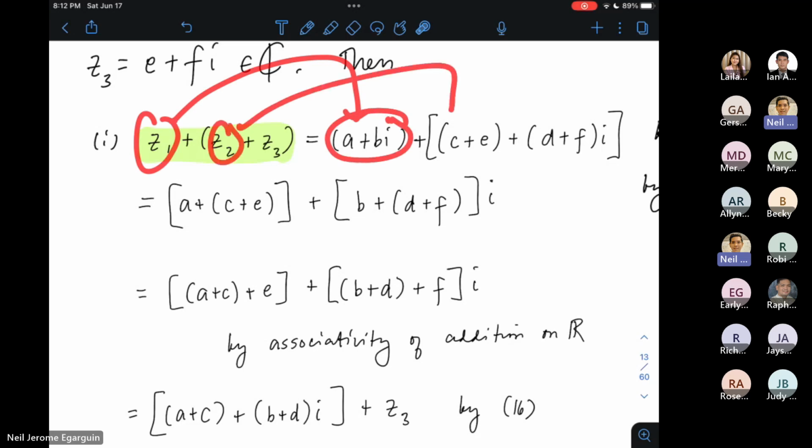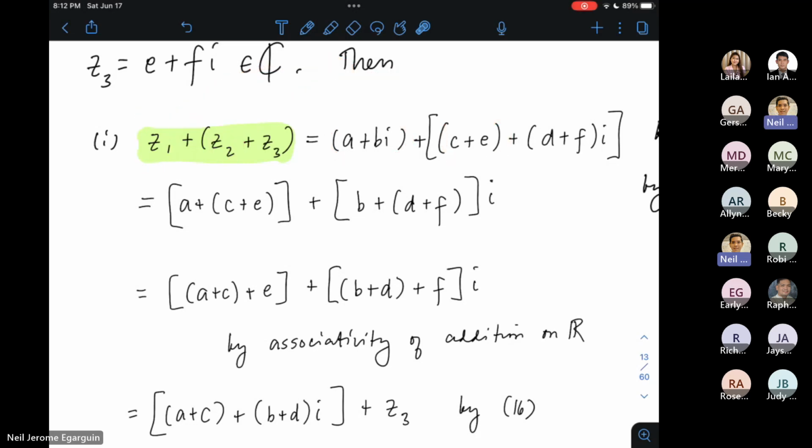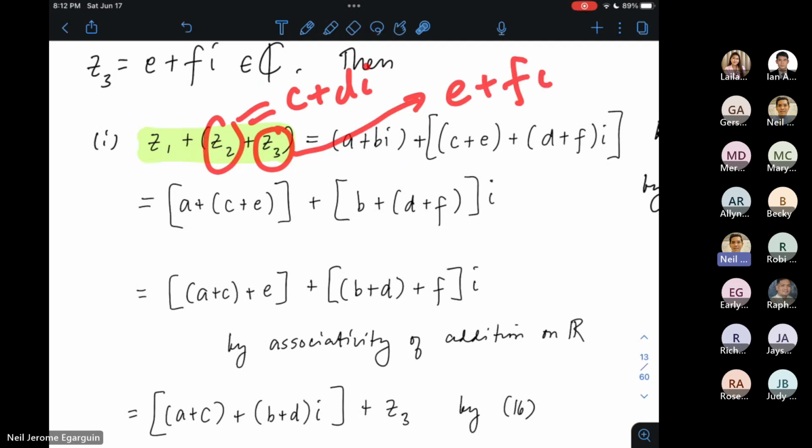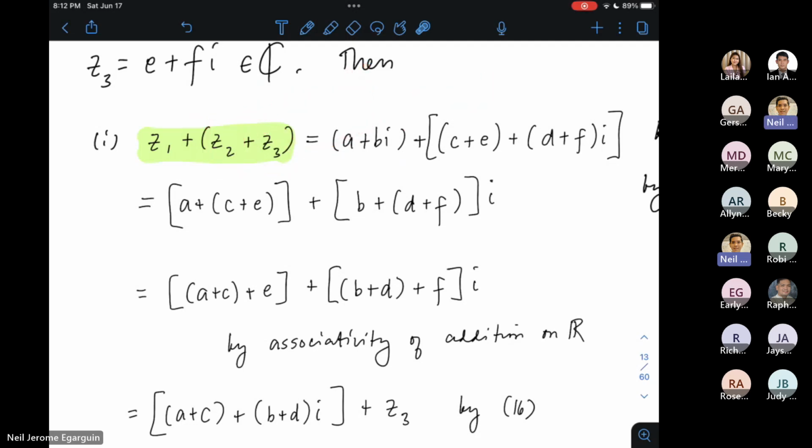Si Z2 ay C plus DI. Tapos si Z3 ay E plus FI. Right? Tapos mag-start ako dito, isi-simplify ko to, at ito-try ko na makita na equal to sa quantity Z1 plus Z2 plus Z3. Okay? Now, how will I do this?